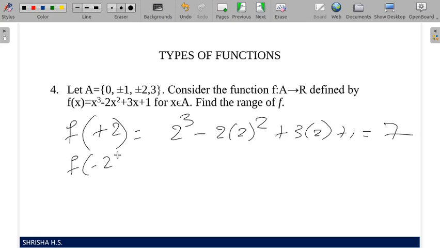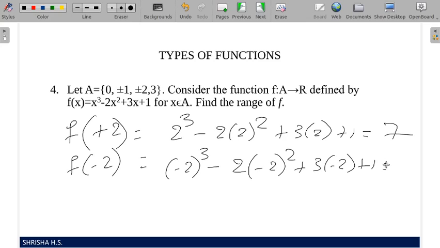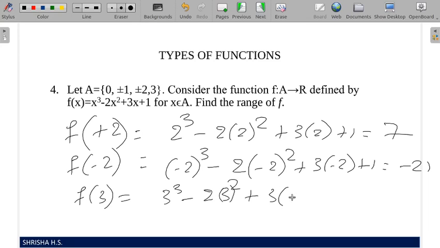F of minus 2: minus 2 cube minus 2 into minus 2 square plus 3 into minus 2 plus 1, so that will be minus 21. F of 3, so 3 cube minus 2 into 3 square plus 3 into 3 plus 1, so that would be 19.